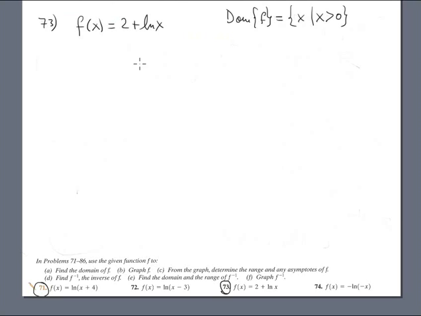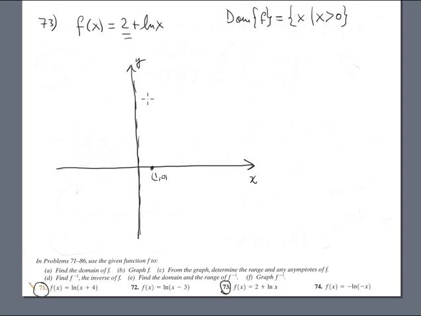The graph. Let's do it on the graph. X and y. The graph of the basic logarithm has the classical point 1,0, and we have here a vertical asymptote. Now the transformation +2 is a vertical shift of two units.